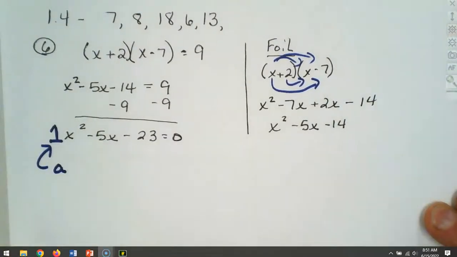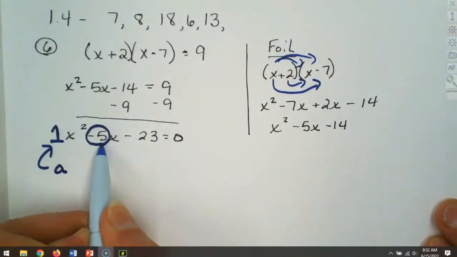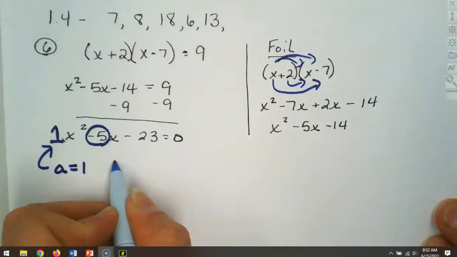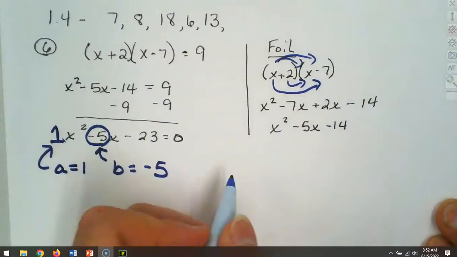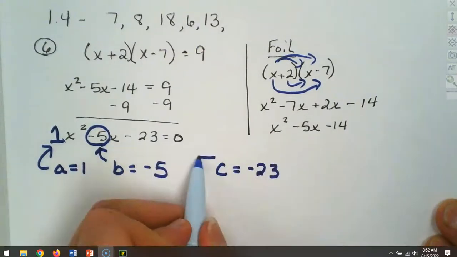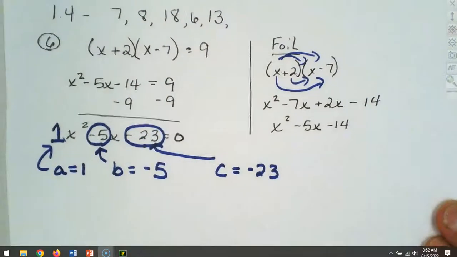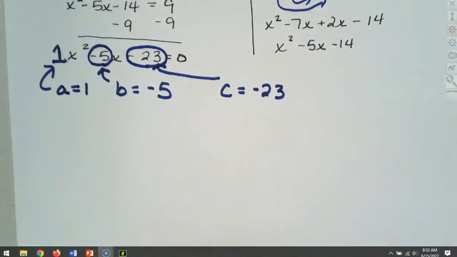The number in front of your x squared is your a, so that's a 1 in this case. The number in front of the x, that's your b, and that's a negative 5 in this case. And then c is the number on the end, and that's going to be that minus 23. I always just like to circle negatives. That way we don't accidentally lose one. So that's our a, our b, and our c.